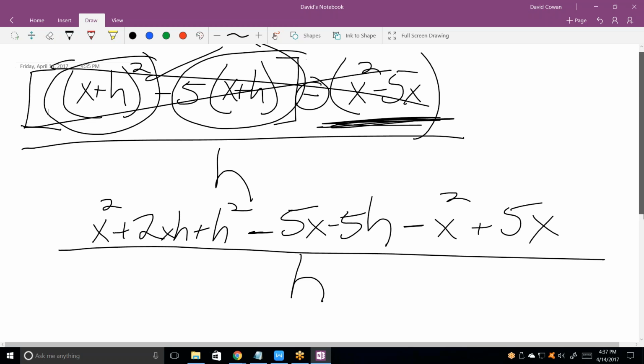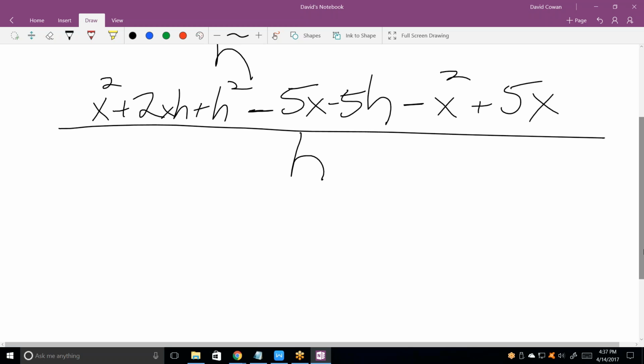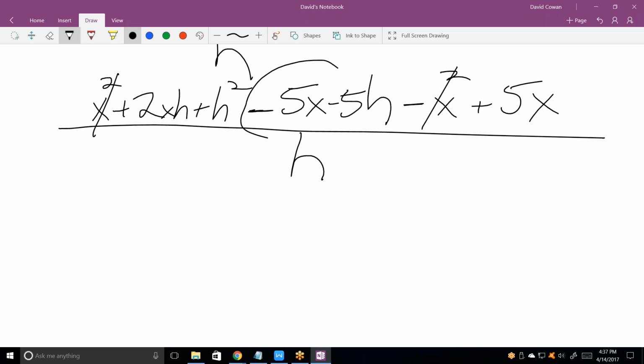And now, what do we have? Well, let's look at our x squareds. What's our total x squareds? Do they cancel out? Yep. In other words, 0. What's our total x's? Well, hold on.